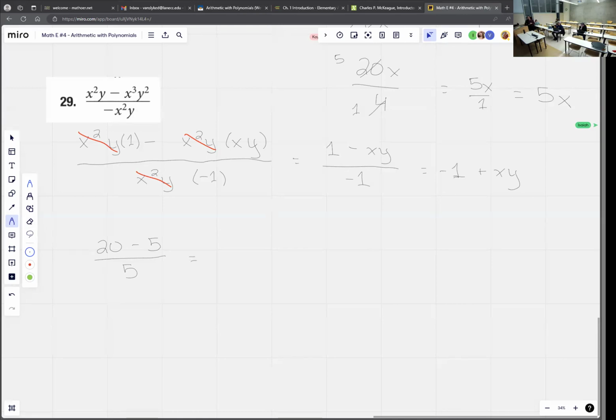Or I could break it apart into two things and have the 20 fifths minus the 5 fifths, right? So I could do that same thinking with this top thing. I could make it x squared y over negative x squared y minus x cubed y. Actually, if I'm putting the minus up here, then I don't need to put it there also. Let's just keep it a plus.